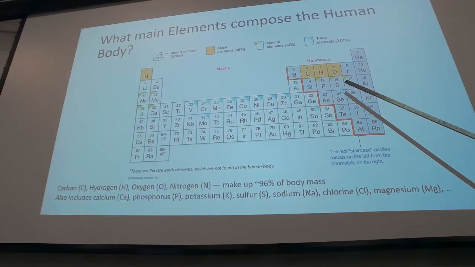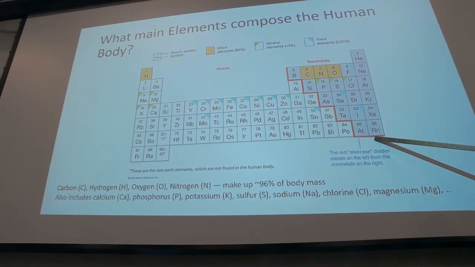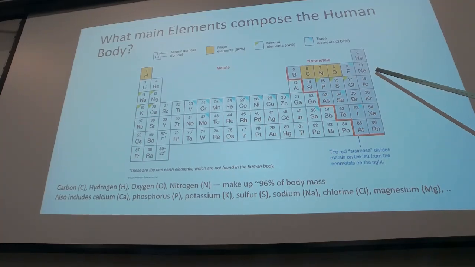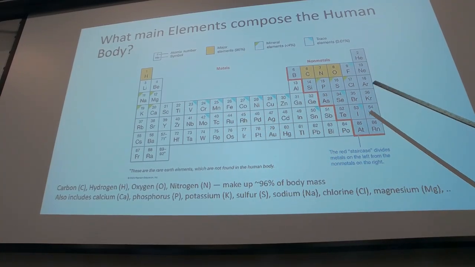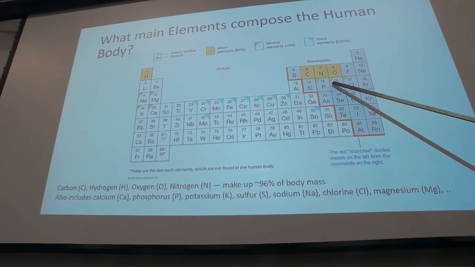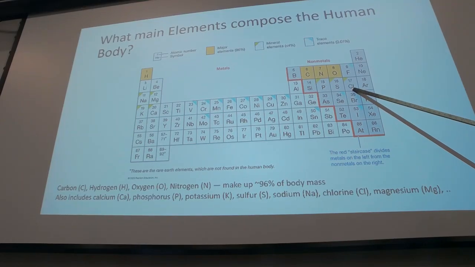And then we have here some that are classified as non-metals. So this staircase pattern in here separates the non-metals from the metals. The metals are on the left, the non-metals are on the right. And here we have phosphorus, selenium, and chloride. So these are mineral elements.